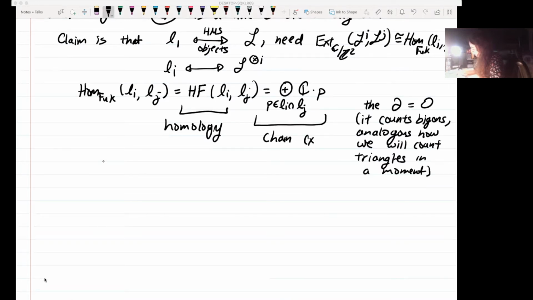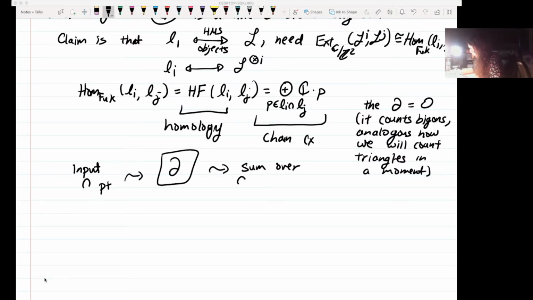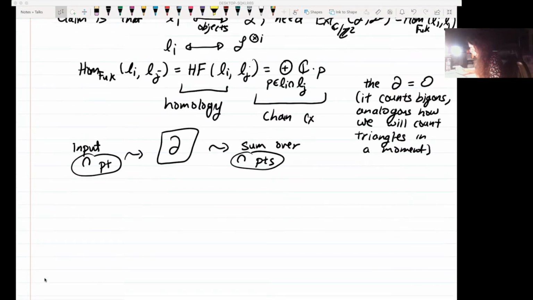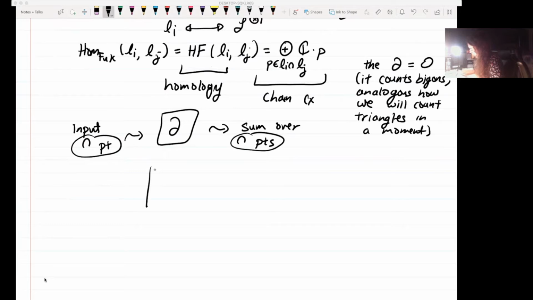So the differential is something where you input an intersection point and you output a sum over intersection points. So you have an intersection point and another intersection point, and you count the bigons between those two.